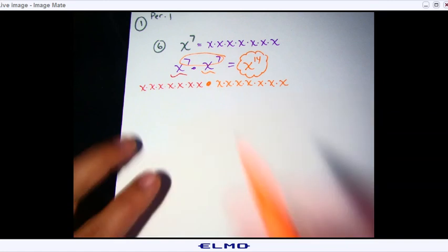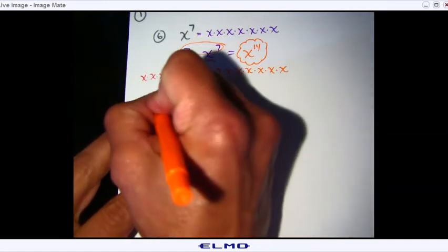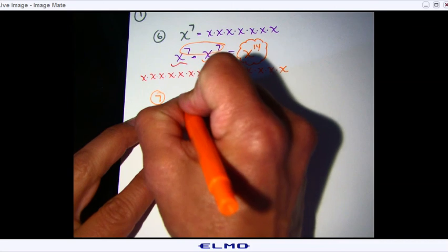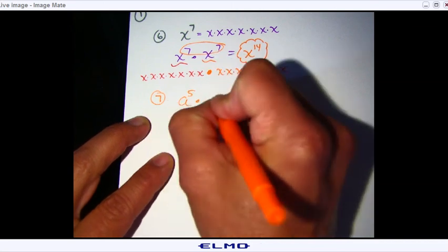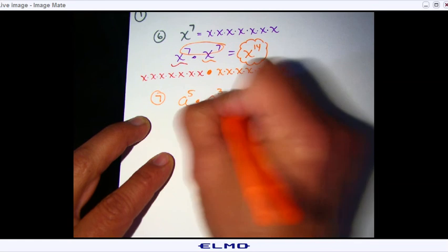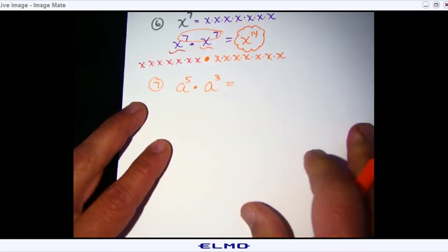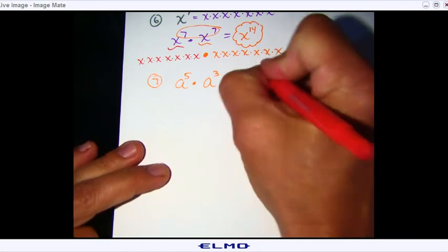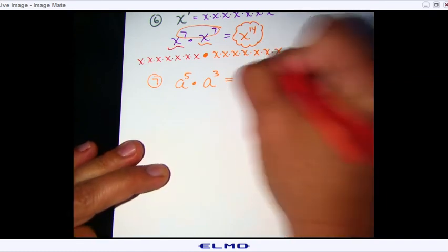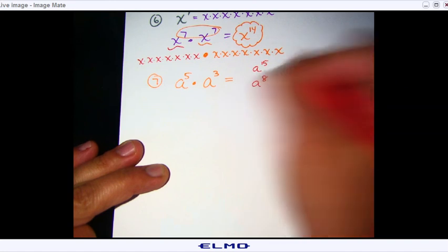All right. So let's try another one. Number 7. Let's do a to the 5th times a to the 3rd. Well, you could do it the long way, or you could ask yourself, how many a's are there if I lay it out? Is it a to the 15 or a to the 8?